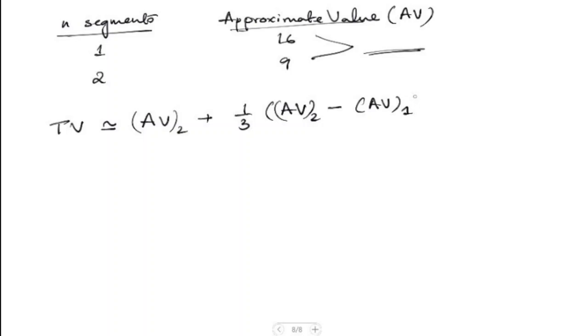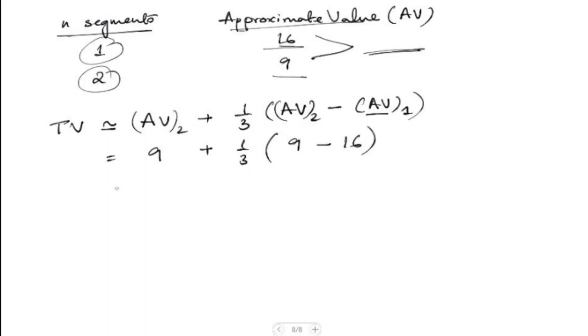So we have the approximated value when n is equal to two segments is 9. So we have 9 plus 1 over 3 times the approximated value for two segments, 9, minus the approximated value for one segment, 16.